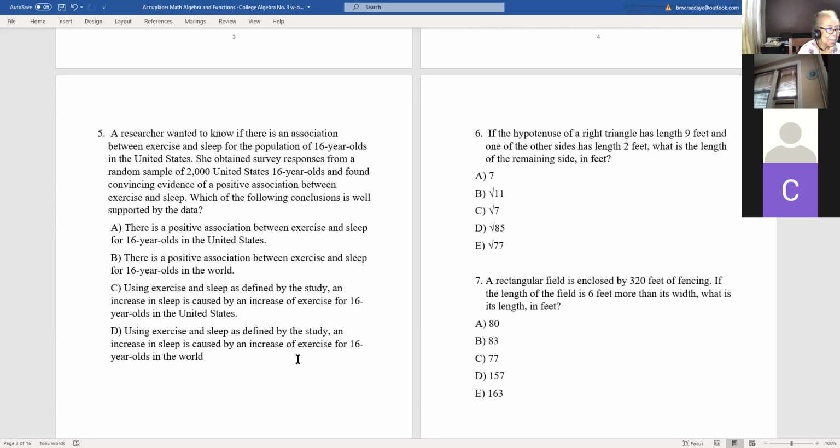A researcher wanted to know if it... Just use the data that you're given in the problem and tell me which conclusion is supported by the data.